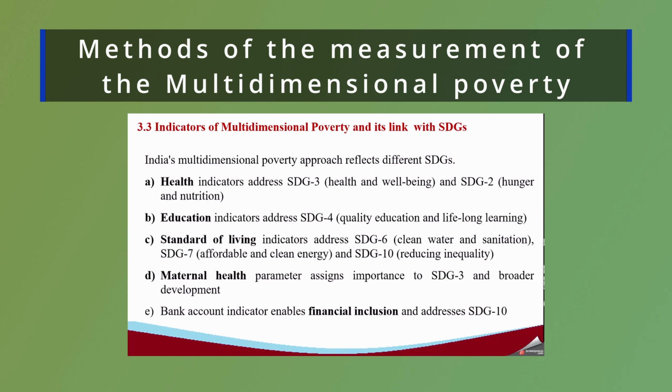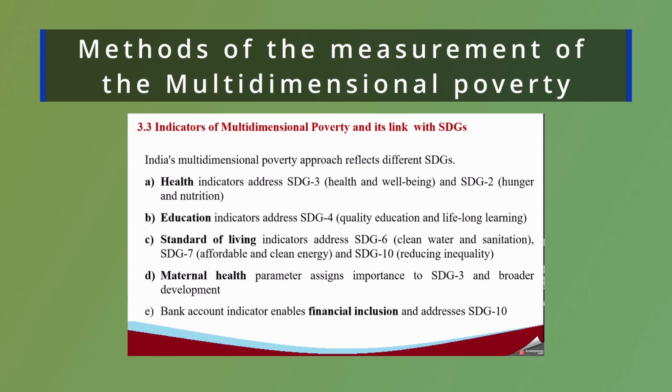Here the health indicators address sustainable development goal 3 related with health and well-being and sustainable development goal 2 which is related with hunger and nutrition, whereas education indicators address sustainable development goal 4 which is related with quality education and lifelong learning.